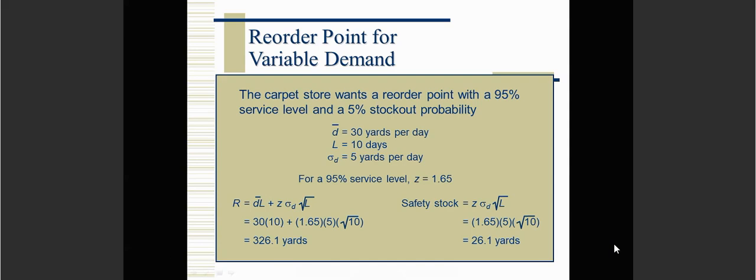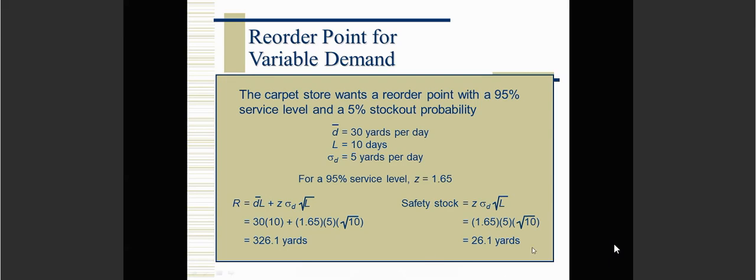So we have 30 multiplied with 10 plus the Z value 1.65 multiplied with 5 standard deviation of demand multiplied with the square root of lead time 10 days, and we have 326.1 yard. So whenever the inventory reaches the level of 326.1 yard, it means that we need to place a new order to our supplier.